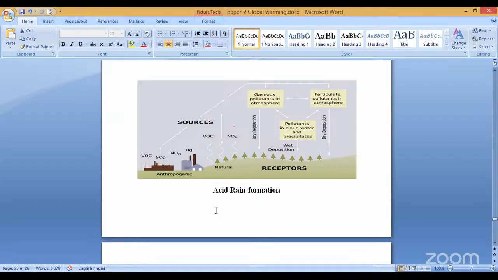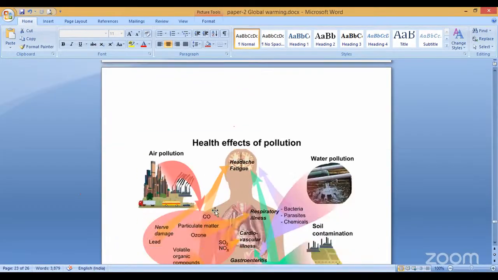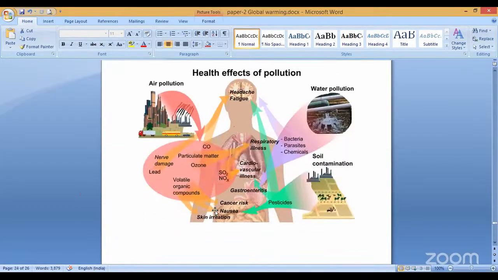Okay, then coming to the next one, health effects of pollution. Air pollution causes headache and vertigo; water pollution can lead to disease. Due to warmer climates, malaria and dengue will increase.